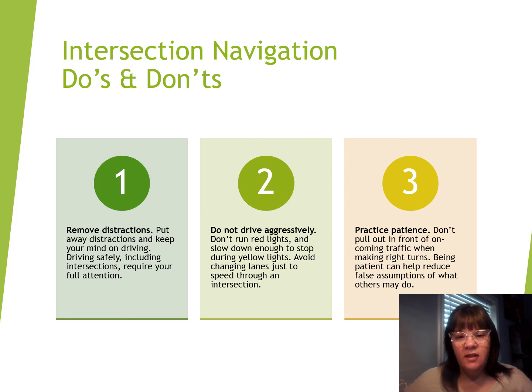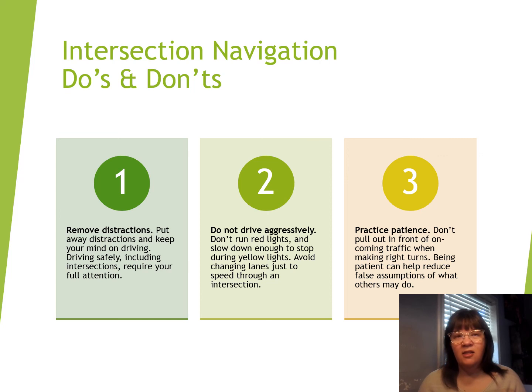Don't drive aggressively. Don't run red lights. That means when you're making right-hand turns. Slow down enough to stop during yellow lights. Avoid changing lanes just to speed through an intersection.